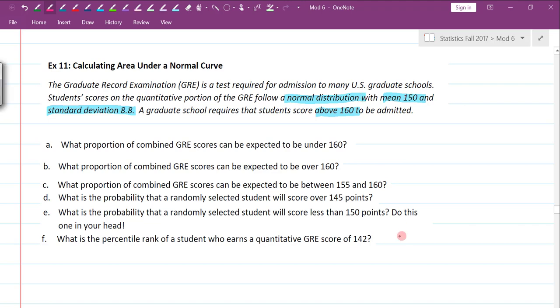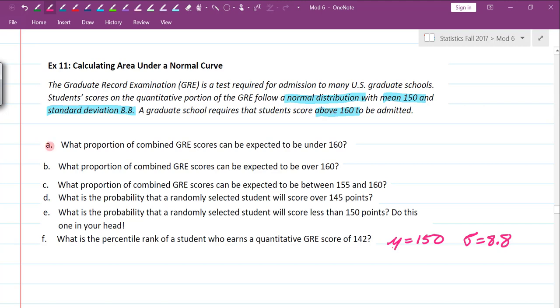Mean is 150, so mu is equal to 150 right there. Our standard deviation is 8.8, so sigma is equal to 8.8. And graduate schools require above 160.